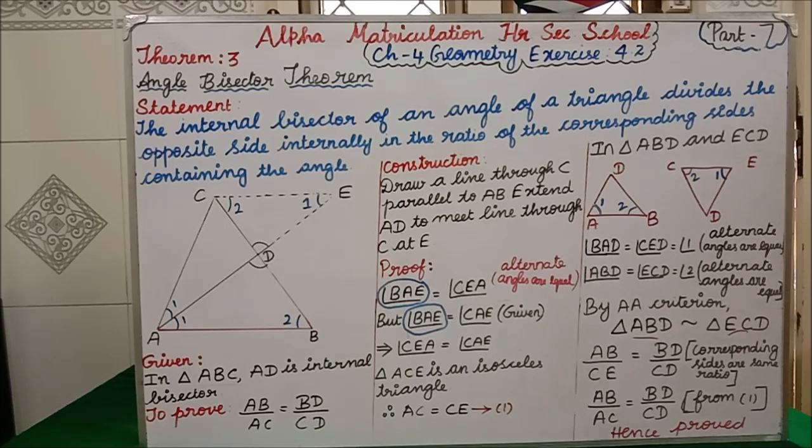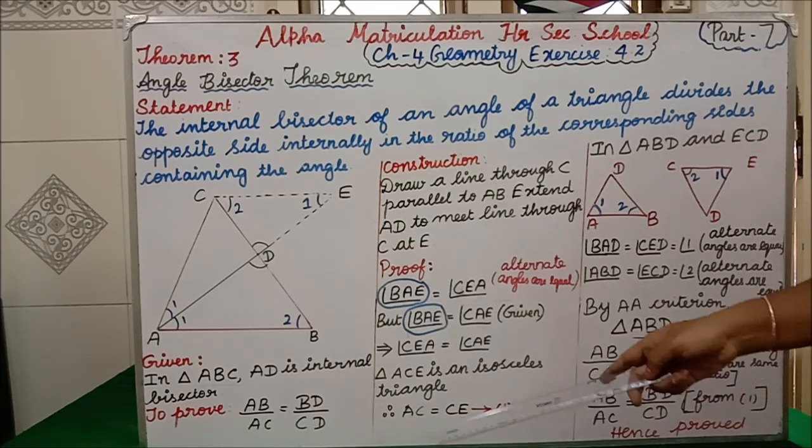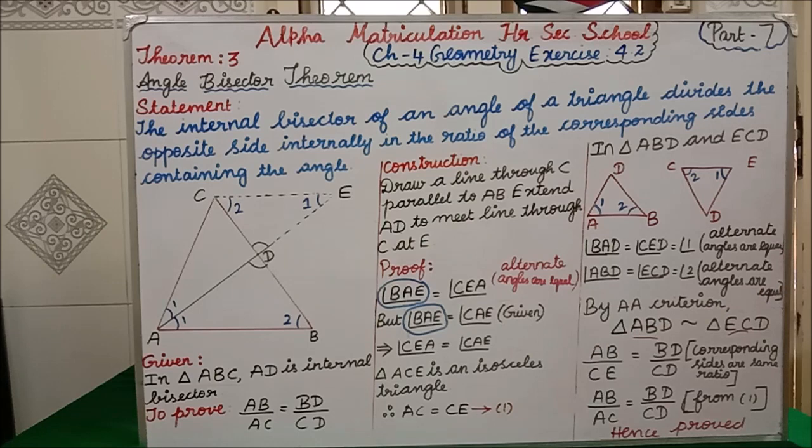Clear students? In the next step we are writing AB as such. Instead of CE, what we have proved here? AC, isn't it? So in the place of CE you write AC is equal to BD divided by CD. Clear? The same BD divided by CD, here also BD divided by CD.